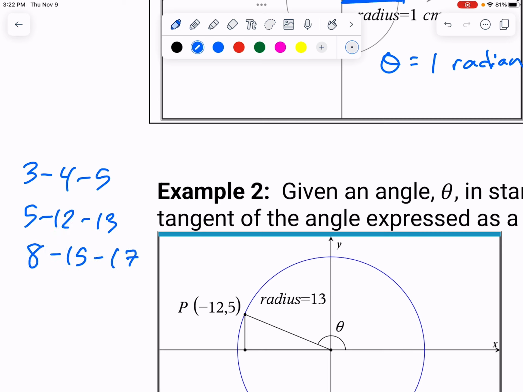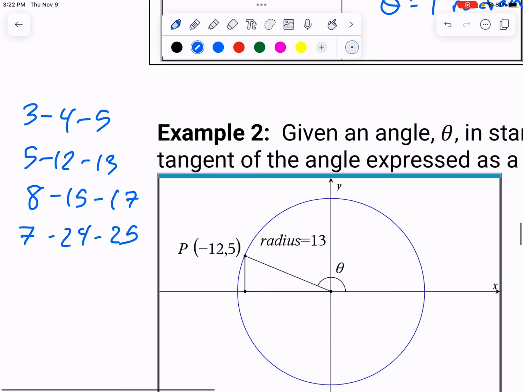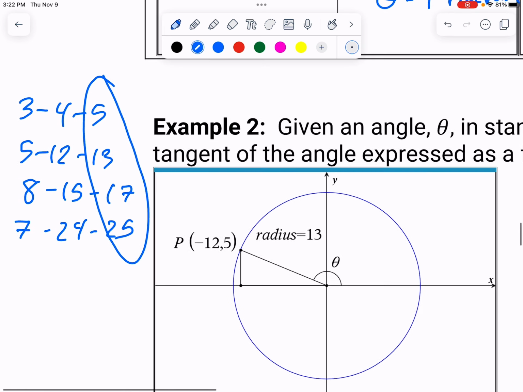There are more, but these are the ones, and 7, 24, 25. And 21 years ago, a student named Liz Davis made up a song to help remember the Pythagorean triples in my class, and I still sing it, and it goes 3, 4, 5, 5, 12, 13, 8, 15, 17, 7, 24, 25. And these are great, keeping in mind, of course, that the hypotenuse is always the last number.